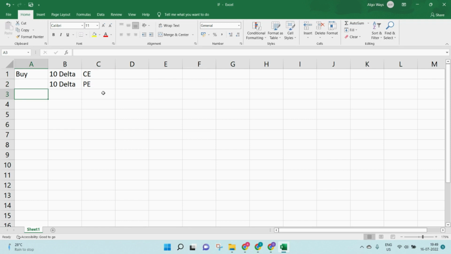Having done the buy legs, we now sell 50 delta C and 50 delta P, that is, you are selling the straddle here. So this will be our entry, and we can keep the entry time at say 9:20.